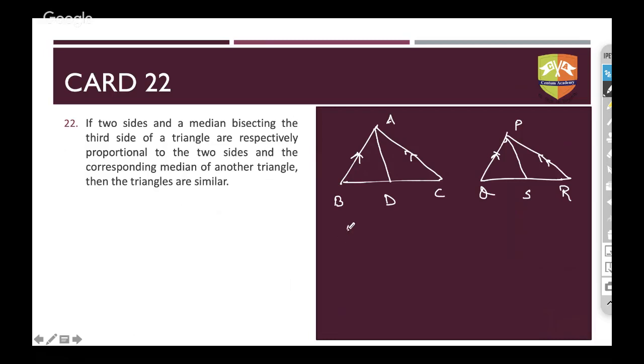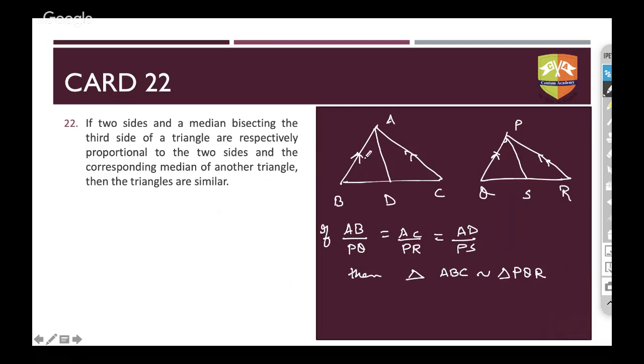What does it mean? It says that if AB upon PQ is equal to AC upon PR is equal to AD upon PS, then triangle ABC is similar to triangle PQR.